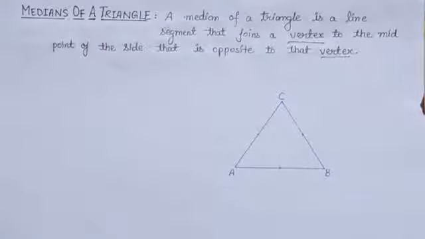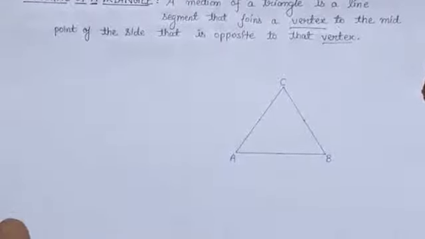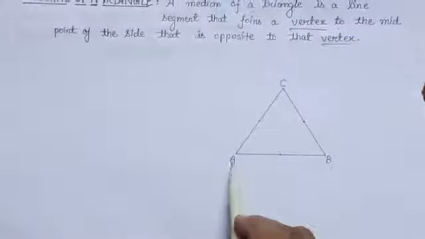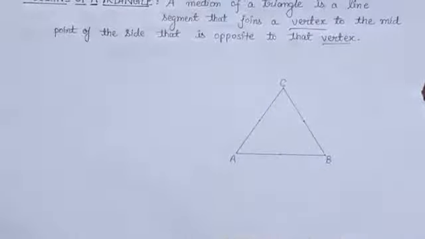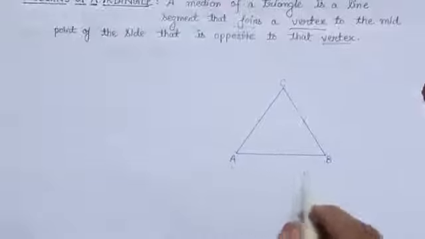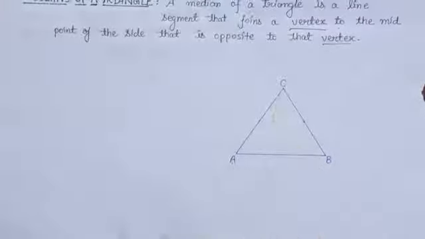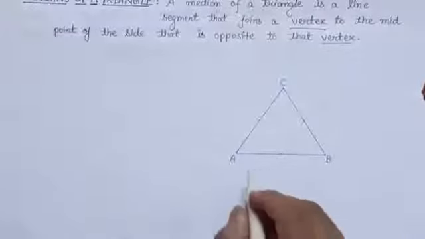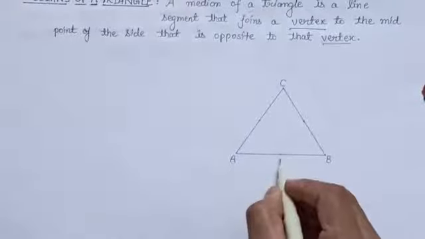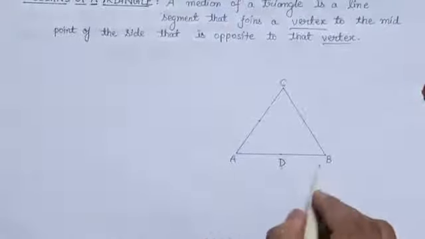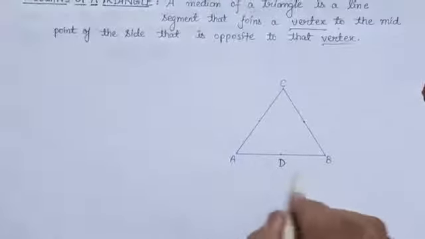Now let us understand with the help of this figure. So here you can see that ABC is a triangle and A, B and C are the vertices of this triangle. Now let us say D is the midpoint of this line segment AB.